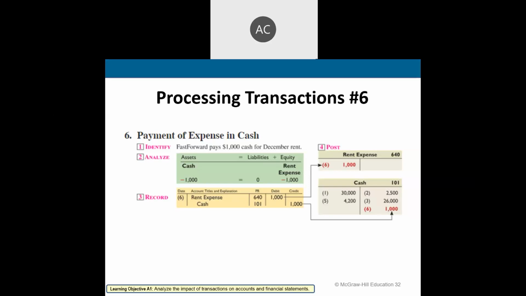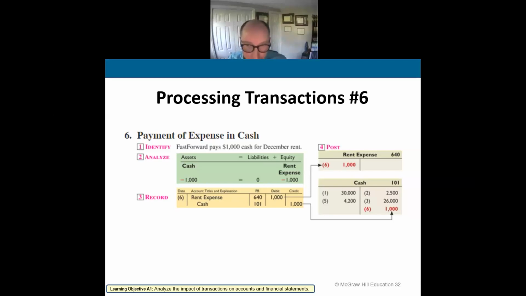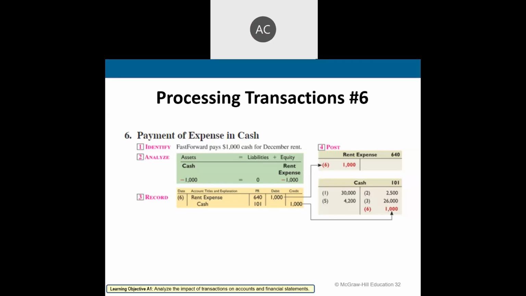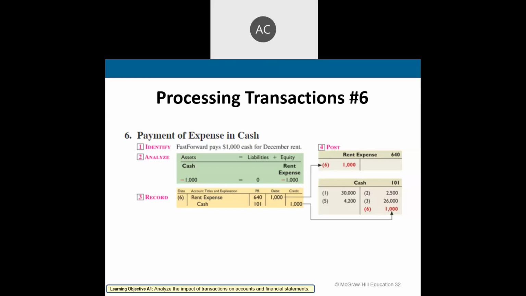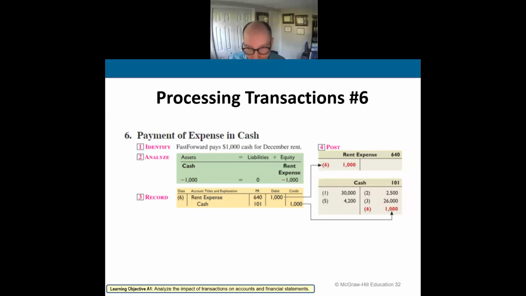Correct. So I'll explain this one more time to help you clear it up. You see that there's 4 steps here, right? First thing, we identify the transaction, then we analyze it, then we record it. When we record it, you see that the debits equal the credits, right? It's in balance at that point.